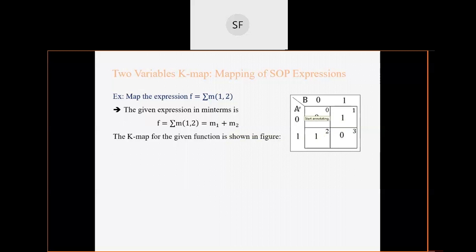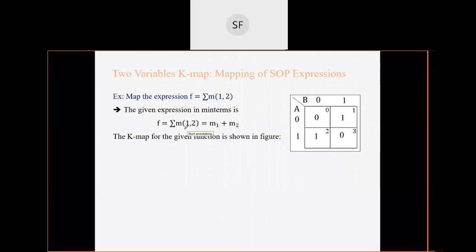So very simple. Again, you have to draw a 2 by 2 K map, because it is a two variable function. Then you put a here and the values associated with a are 0, 1, and b and the values associated with b are 0 and 1. So again 0 0 will be 0, 1, 2, 3. You can write this at the corner.